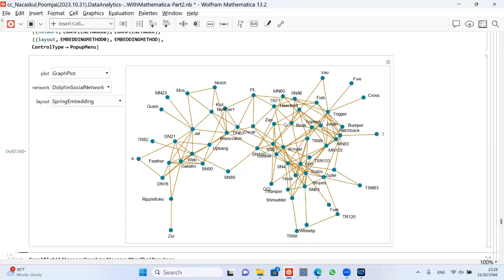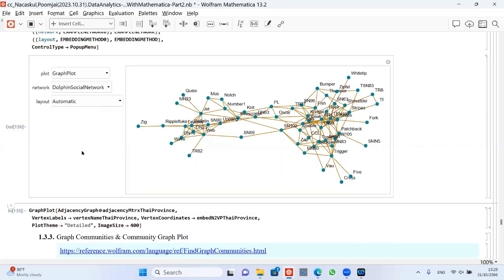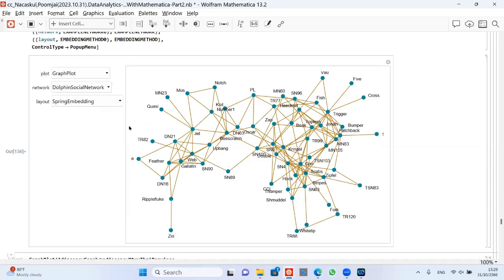The distance means nothing because in one graph, these guys are close together, in another graph, they're not. So can I do clustering based on distance? No, I cannot. However, what I can do is clustering based on edges.